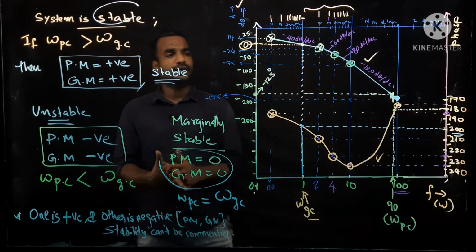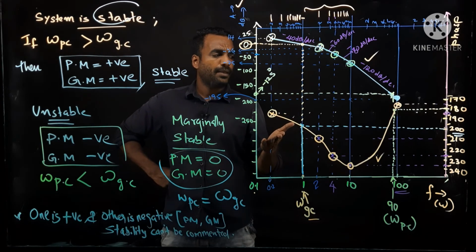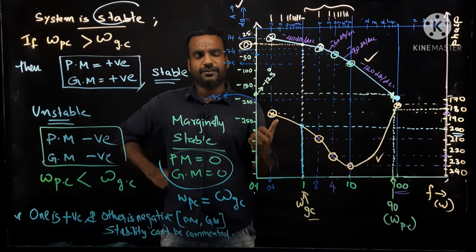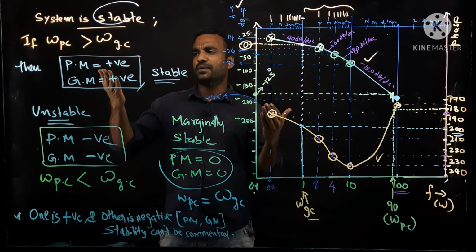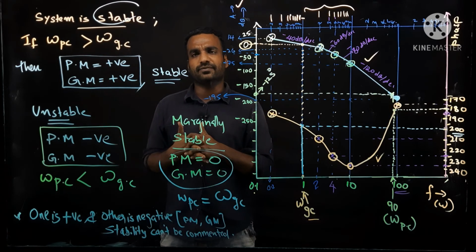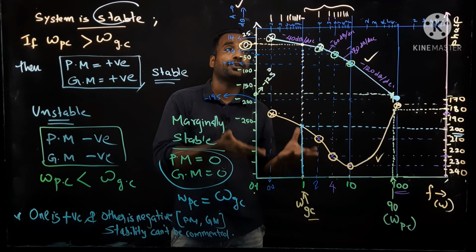Now in this case, for example, we got minus 20 as the phase margin. Can we increase the phase margin? If phase margin becomes positive, with gain margin also positive, we can say the system will become stable. Can we bring that to positive?